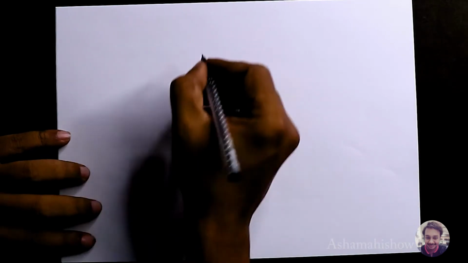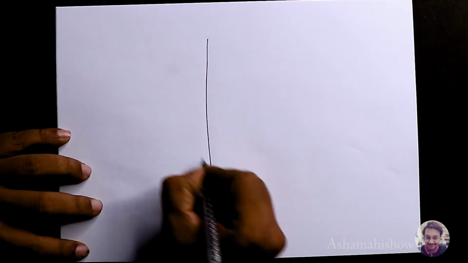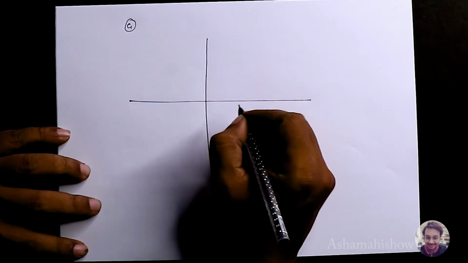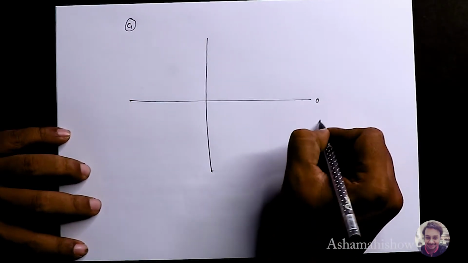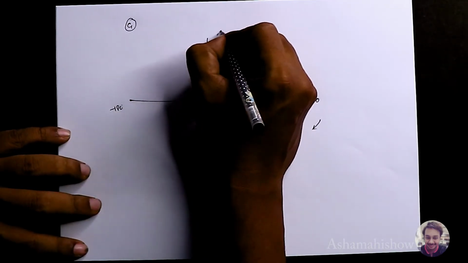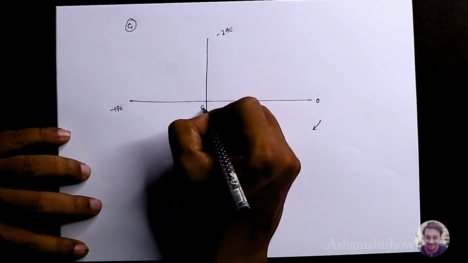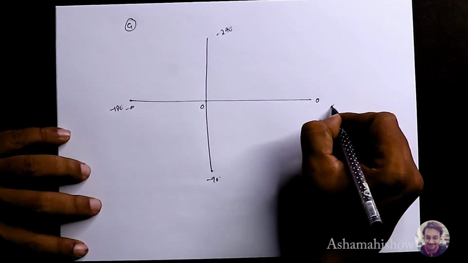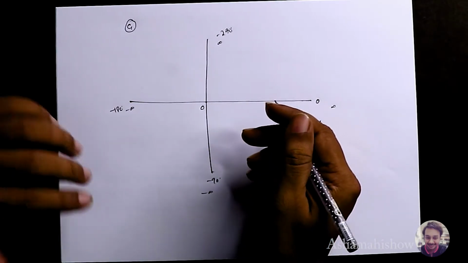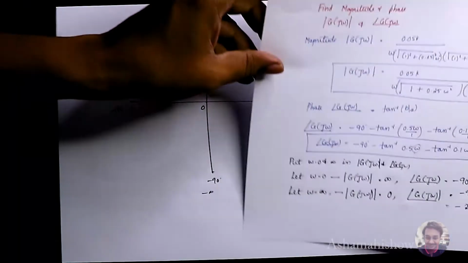Now I am drawing the mapping for C1. I'll go clockwise. So this becomes minus 90, minus 180, minus 270, this is 0, this is infinity. I am making it a bit faster.